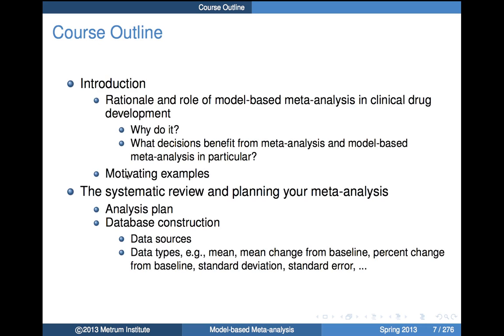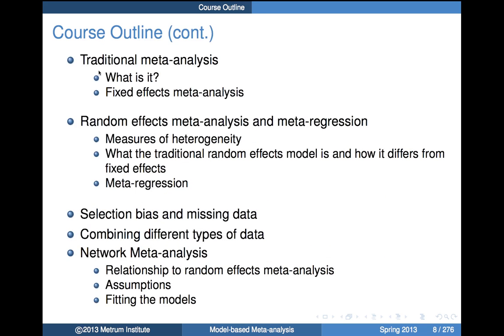And then at that point, Jonathan's going to be taking over and talking about some general items, things like systematic review and planning a meta-analysis. I'm talking in terms of what we might term traditional meta-analysis methods. Many of the things on this page are follow-ons to that.